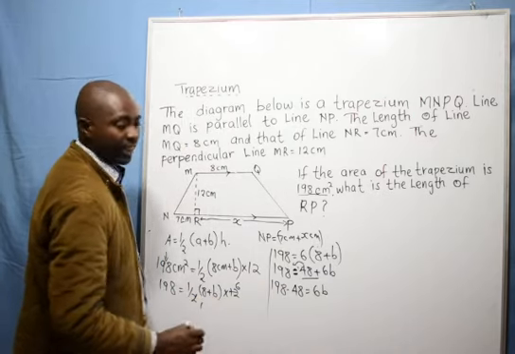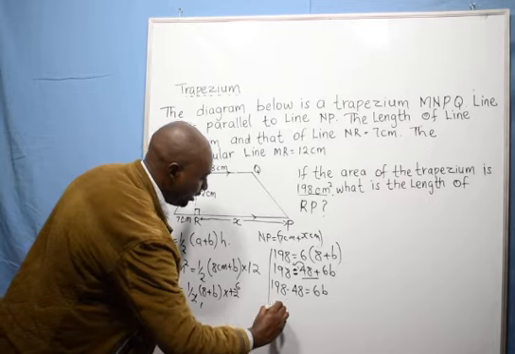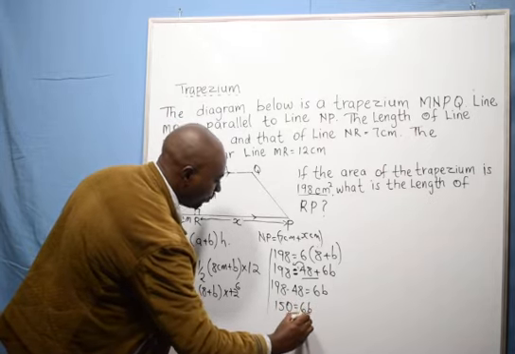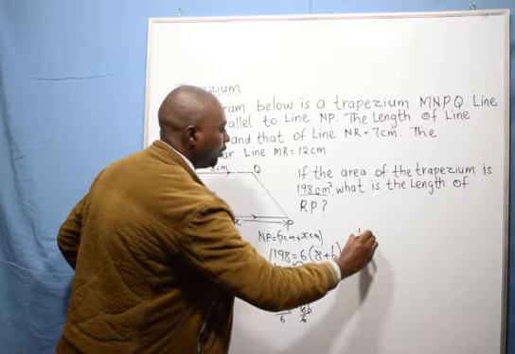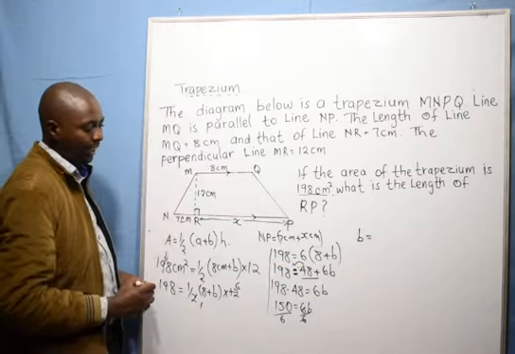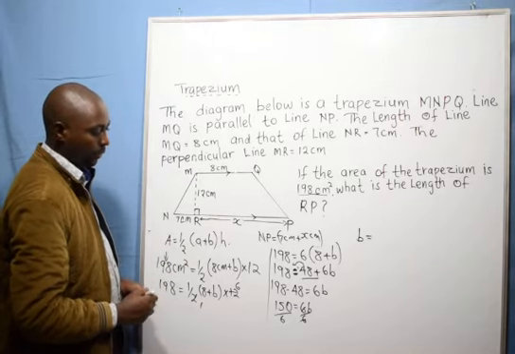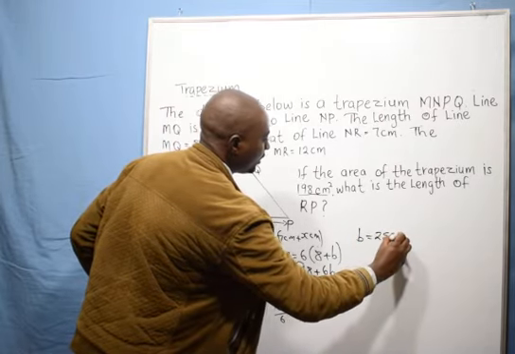After working this out, 198 minus 48 is 150, so 150 equals 6B. To get B, you divide by 6 on both sides. So B is equivalent to 150 divided by 6, which is 25. Your B is 25 centimeters.